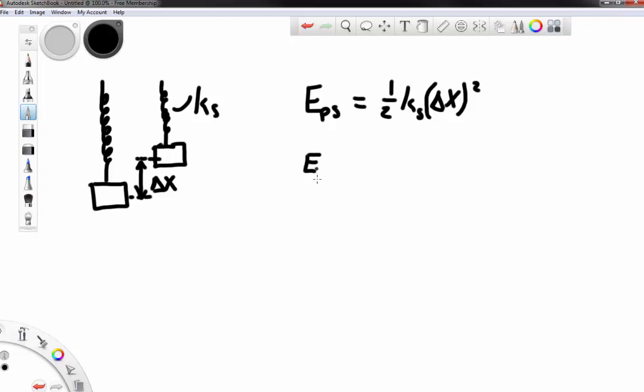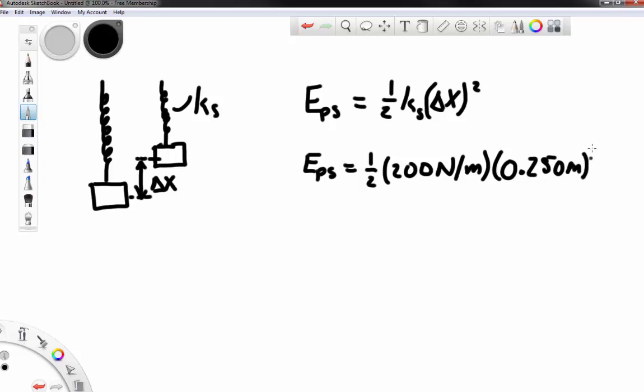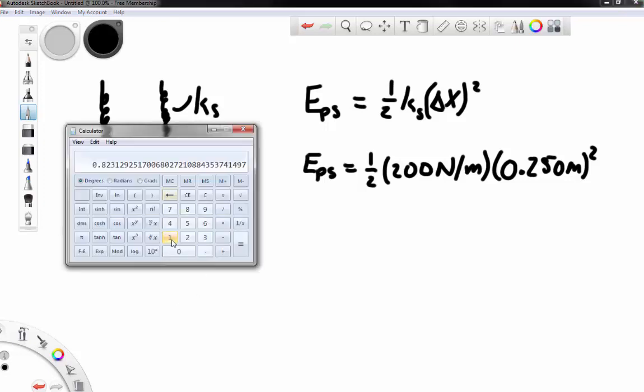So that means that in this particular spring's case, we have 1/2 times 200 newtons per meter as the spring constant, times the amount that it's been compressed by, 0.250 meters, squared. So now we need a calculator.